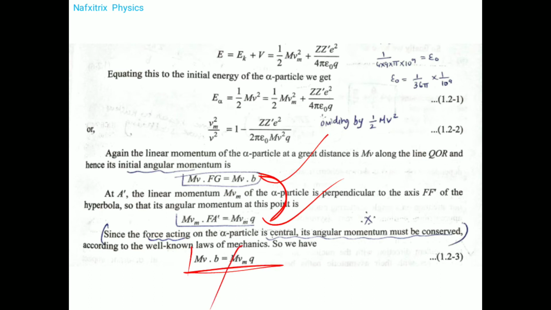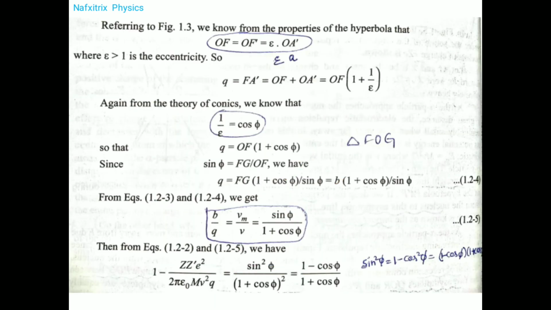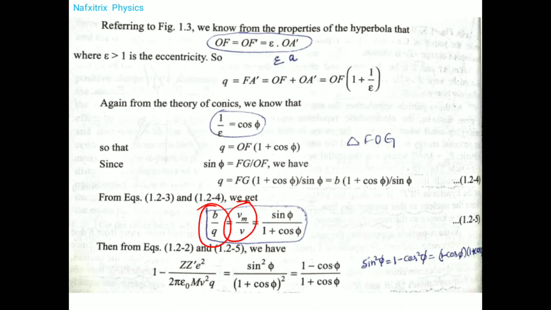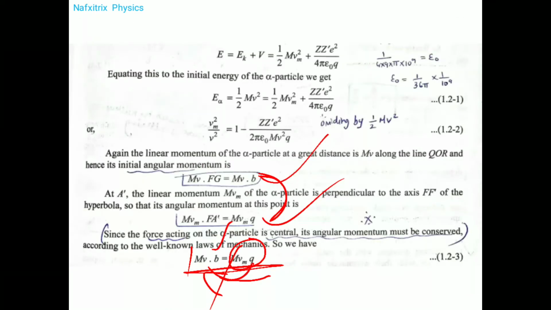Here m will get cancelled, we would get this b by q is also vm by v. So b would be on this side, sending q this side, so b by q, and vm would remain on the right hand side and sending this v that side, so vm by v. So like this we would get b by q is equal to vm by v after cancelling out m.